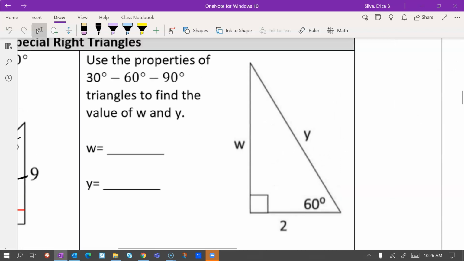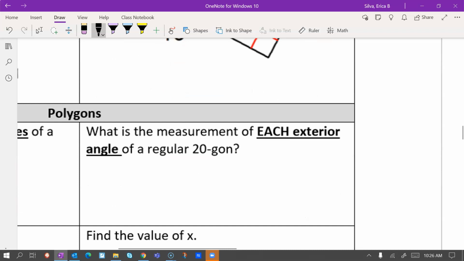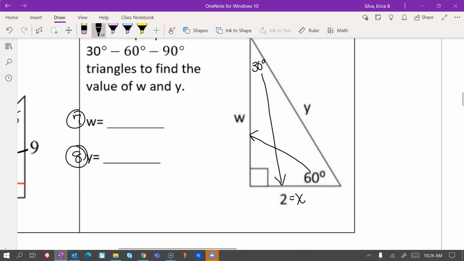Now we look at 30, 60, 90. This is number 7, this is number 8. We have a 30, 60, 90 triangle, therefore this is 30 degrees. Across the 30-degree angle, that's going to be my value of x. If you remember, the side opposite the 60-degree angle is the square root of 3 times bigger.